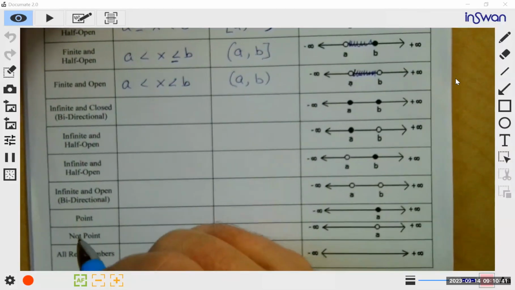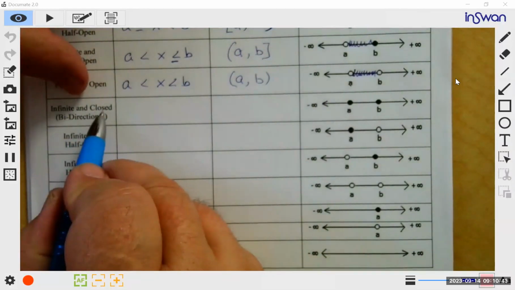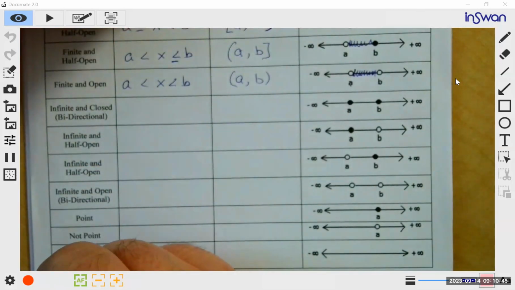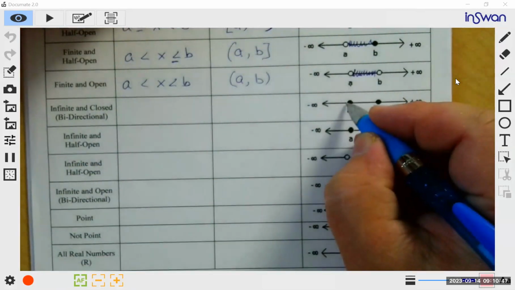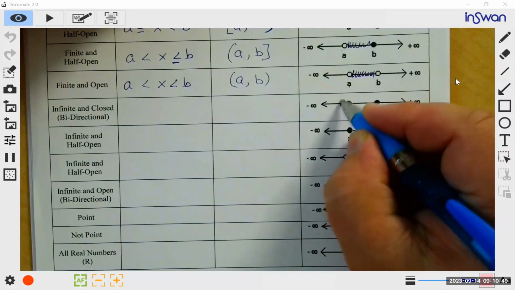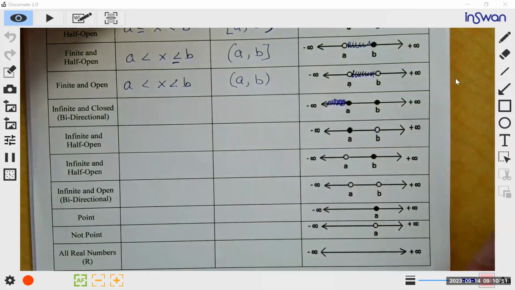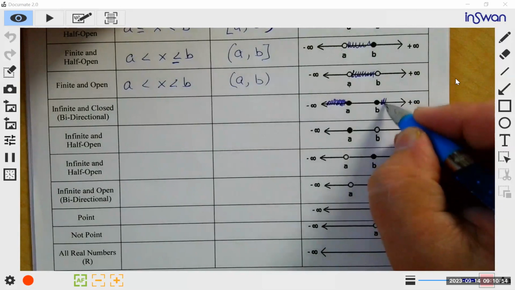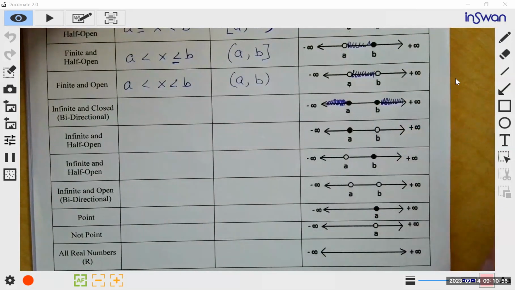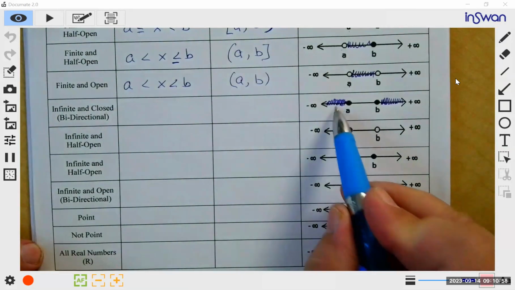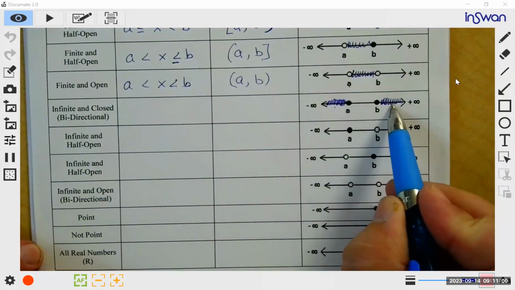Now it gets a little bit complicated because now we're looking at infinite closed bidirectional. So I start at A and I'm going to negative infinity. Also, my answer can be here. So if I'm thinking of a number, it could be here or it can be here.